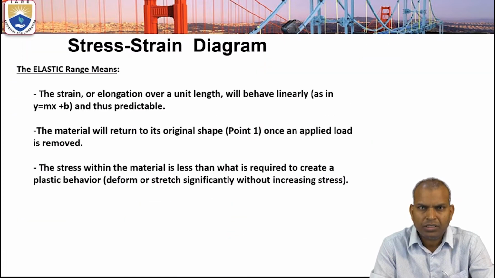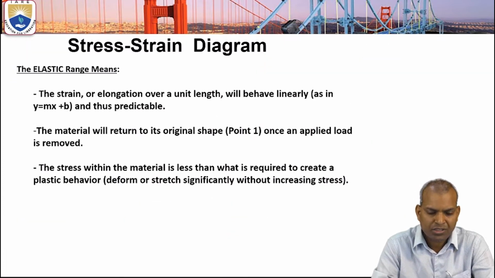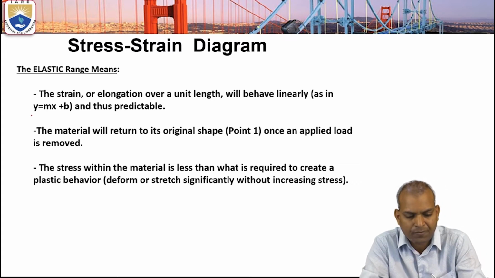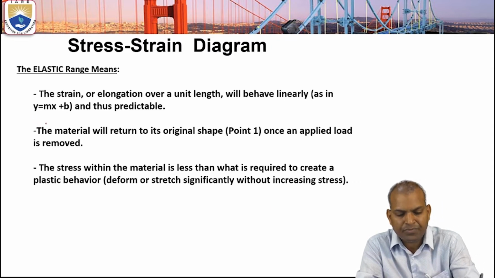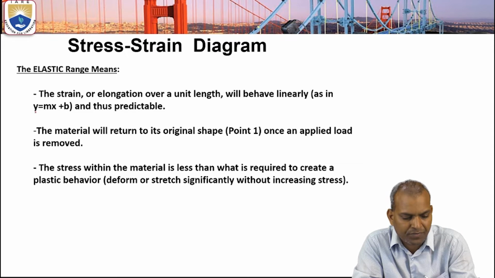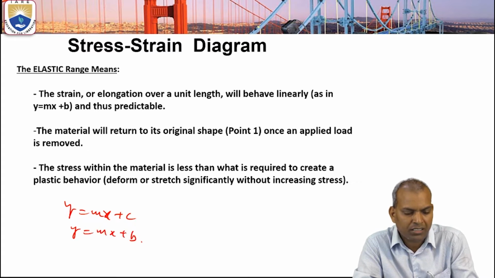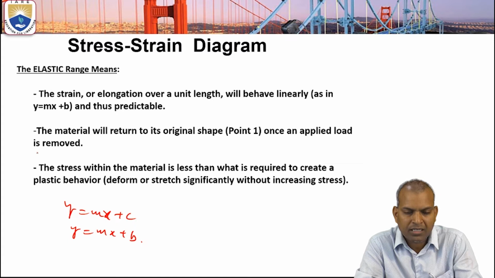Now coming to the elastic range, what is the elastic range? The elastic range means the strain, or elongation over a unit length, will behave linearly. That is the equation y equals mx plus c. So that's predictable, and in this elastic region the material will return to its original shape.